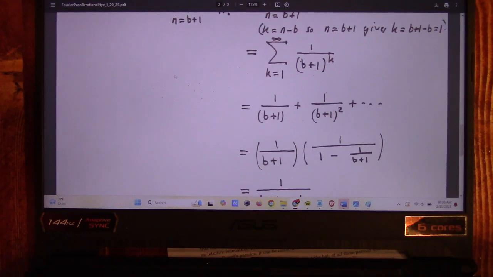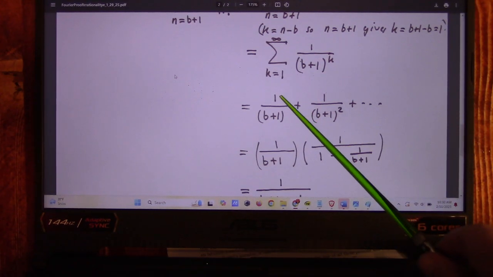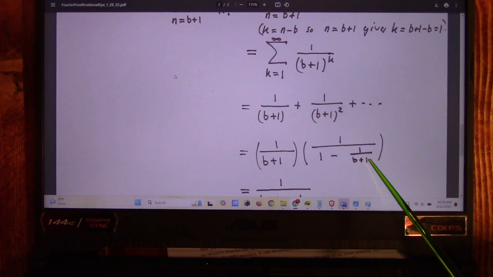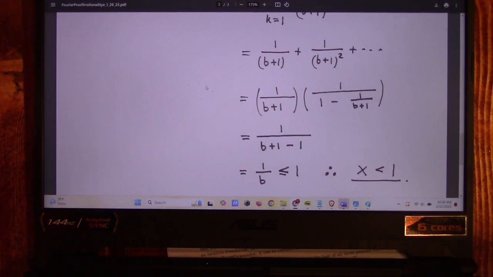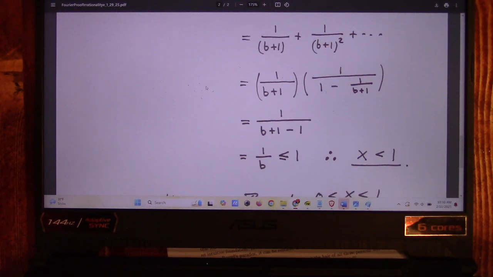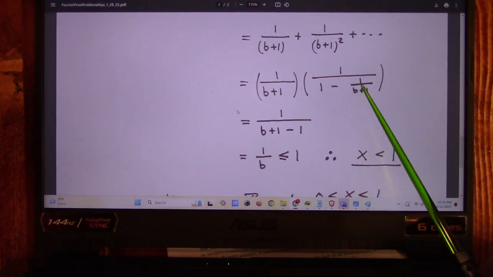So the leading term is a equals 1 over b plus 1, and the ratio of the geometric series is 1 over b plus 1, which is by assumption, uh-oh, the light bulb in my head has just gone off. What's going on here? So the ratio is 1 over b plus 1, and so that's less than 1, which means the geometric series converges to a times 1 over 1 minus r, which is this.